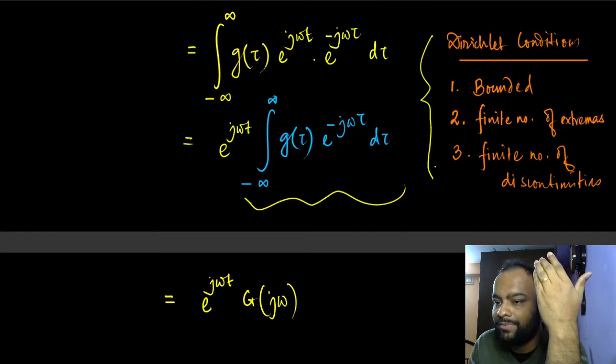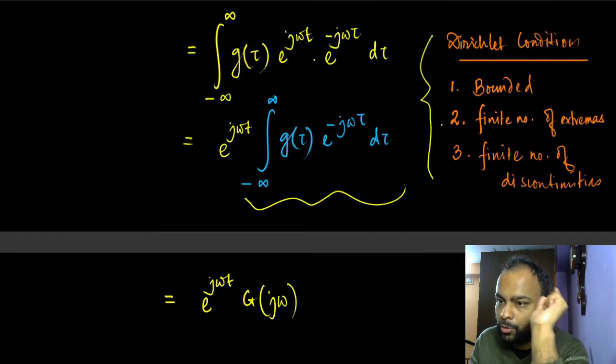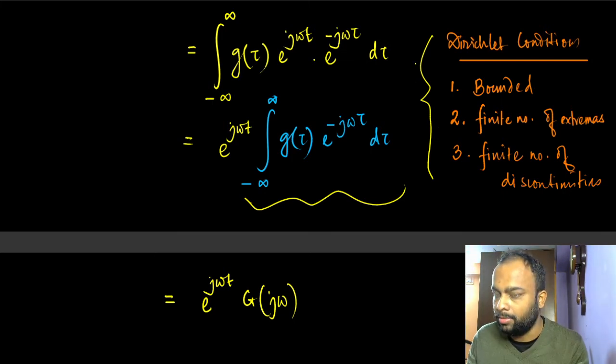Now if you have gone through the lecture on stability, you already know that a continuous time linear time invariant system which is BIBO stable also has an impulse response that satisfies the Dirichlet conditions.